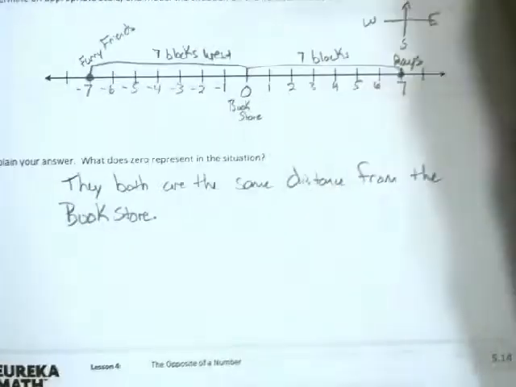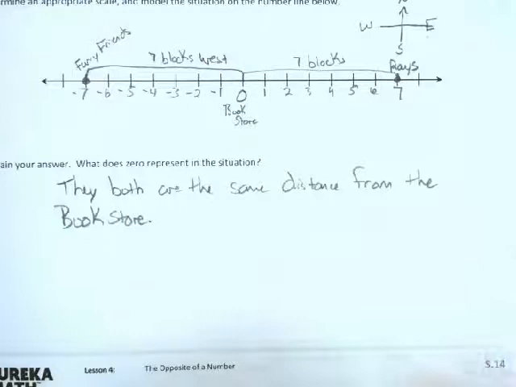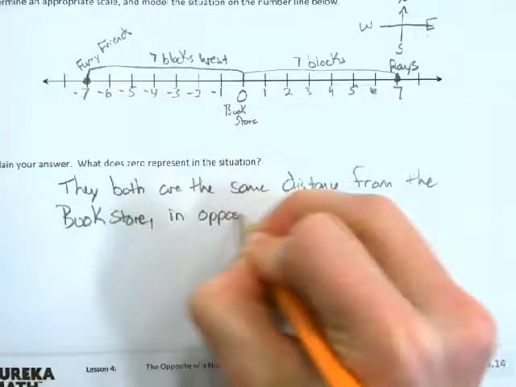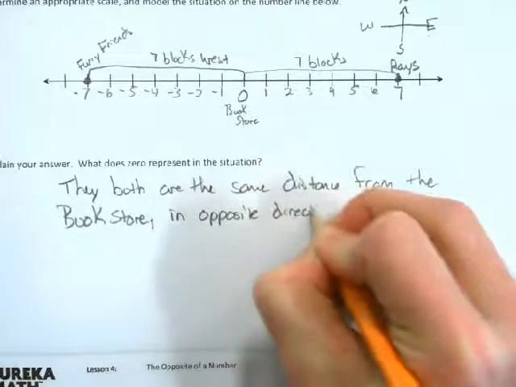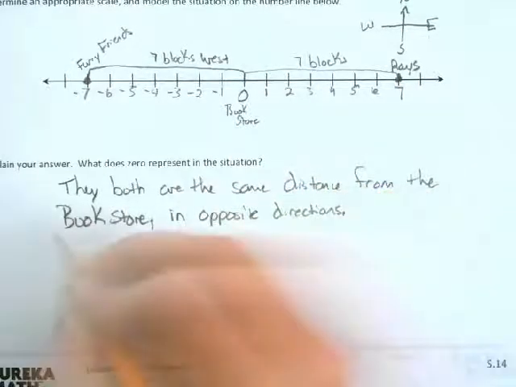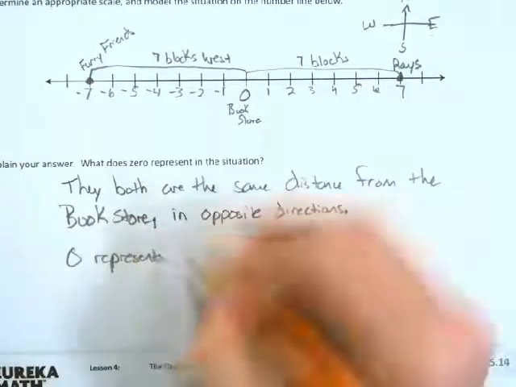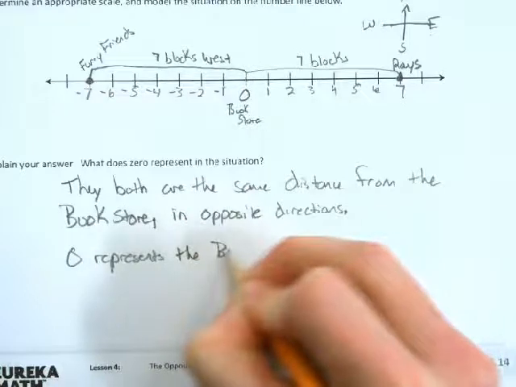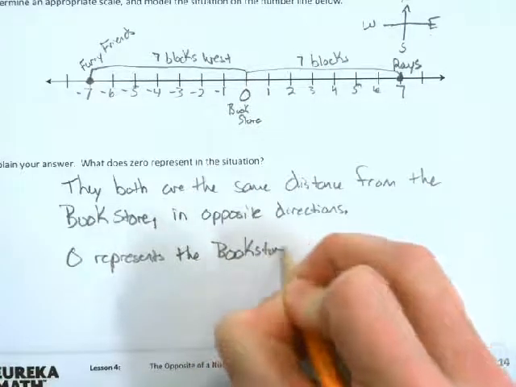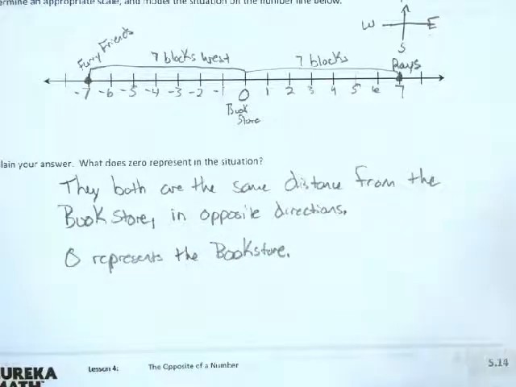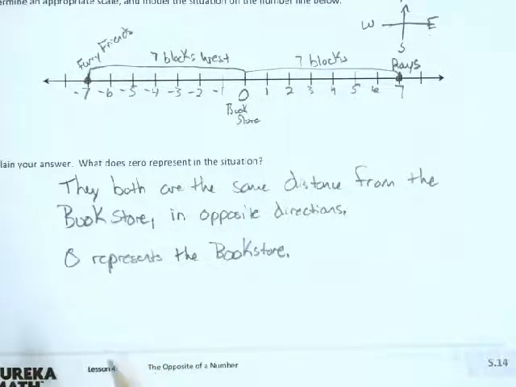So they are the same distance, just opposite directions. And in this case, 0 represents the bookstore, which was her original place she was planning on going. She happened just to make another stop. So the main location or a starting point, those sorts of things are what your zeros will begin to represent.